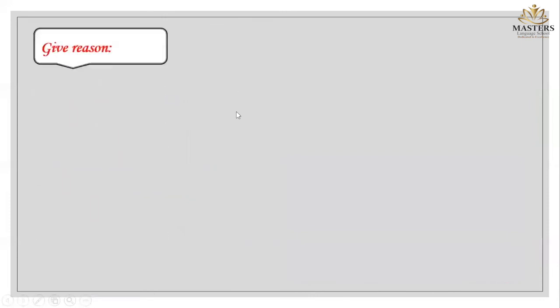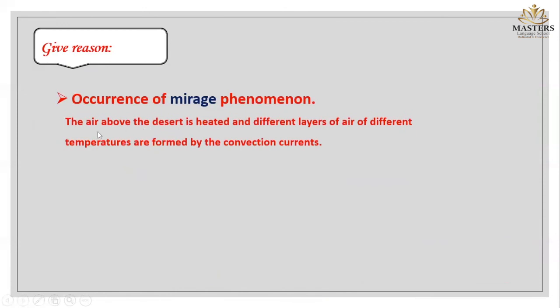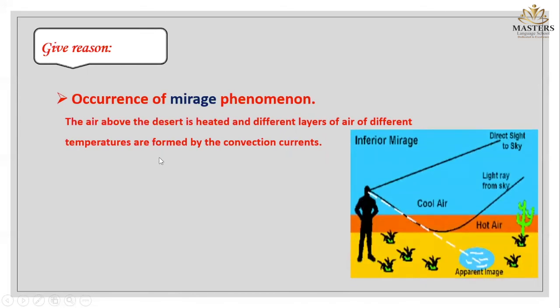This is called mirage. Give reason for the occurrence of the mirage phenomenon: because the air above the desert is heated and different layers of air with different temperatures are formed by convection currents.